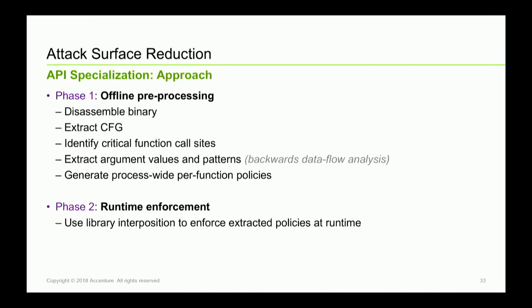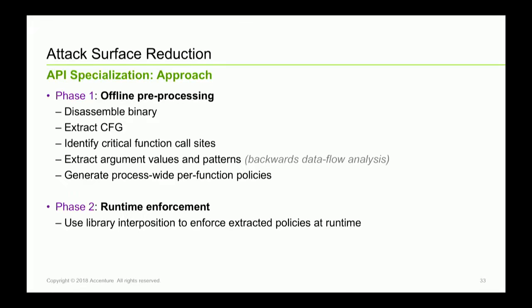So it's a 2-phase approach. Basically, we take the application binary, we disassemble it, and we extract a control flow graph, which enables us to see all the basic blocks, and we identify the call sites for the 52 critical functions. Once we have that, we do backward slicing, and we're able to infer the arguments pushed on the stack by the application.